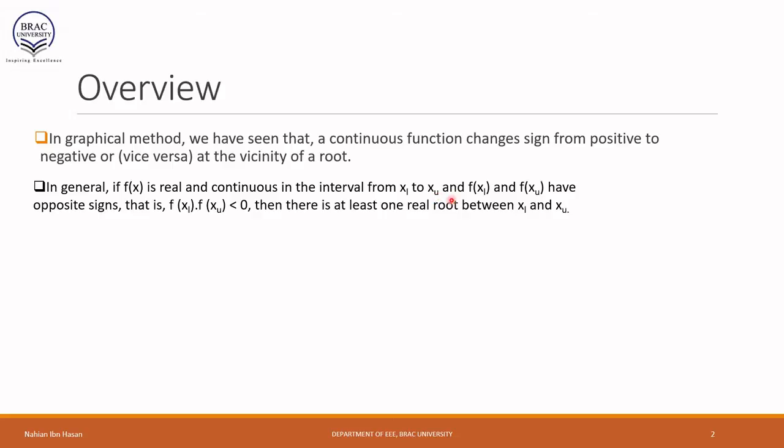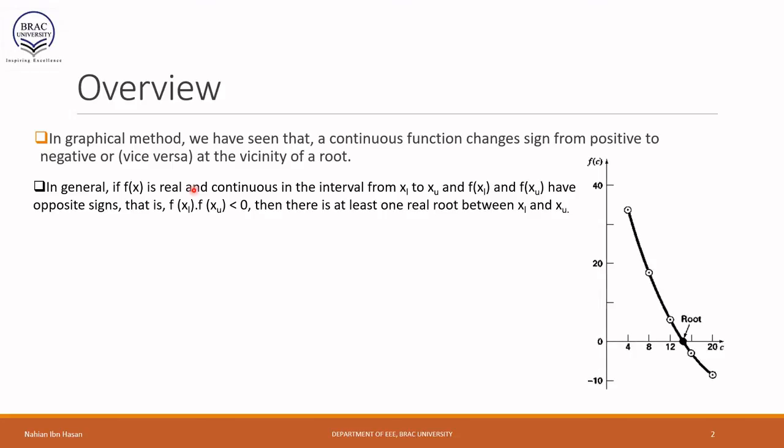So f of xl and f of xu should have opposite signs. Why? Because we have assumed that there is a root within this boundary, and if there is a root, the function should change its sign. So if we multiply these two values, f of x lower and f of x upper, the value should be less than 0, because one should be negative. This is our first step of applying the bisection method.